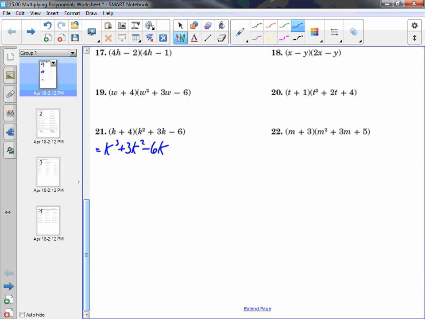Now we have to distribute the 4. So 4 times k squared is 4k squared. 4 times 3k is 12k. And 4 times negative 6 is negative 24.